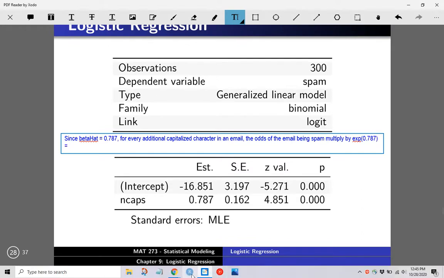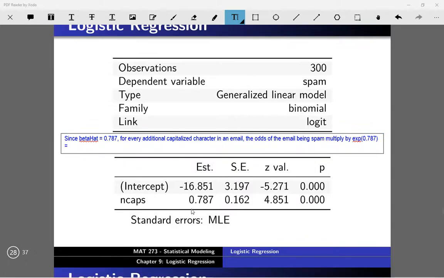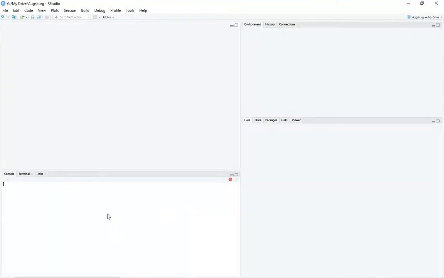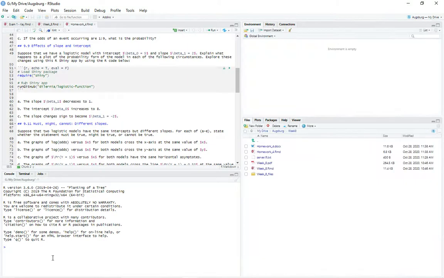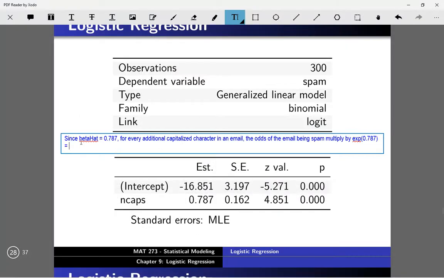which I'll find using R real quick here. So e to the 0.787, R tells us, is about 2.2. So we round.